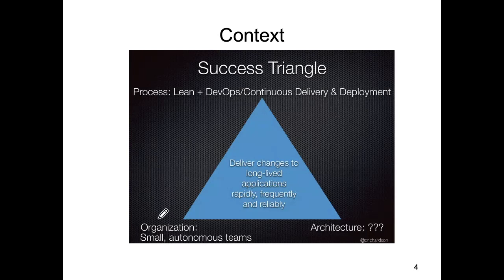In terms of organization, the thinking today is that if you've got a group of people involved in developing and maintaining a particular software application, then you should try to break that group up into small autonomous teams. Now, when I say a group of people, let's say we're talking about 20 plus, or even higher than that.